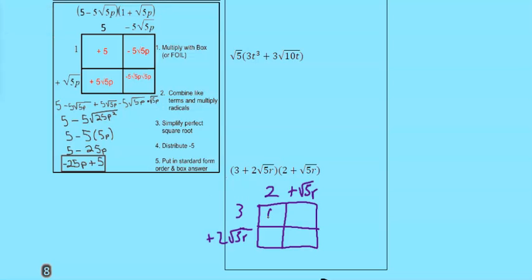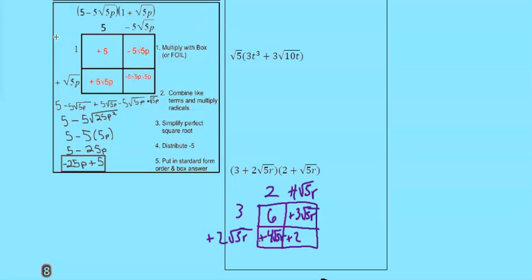3 times 2 is 6, so that's the area of the first box. The area of the second box is 3 times square root 5r, so we have plus 3 square root 5r. This will be 2 times 2, that's 4, so 4 square root of 5r. And then 2 times 1 is 2.